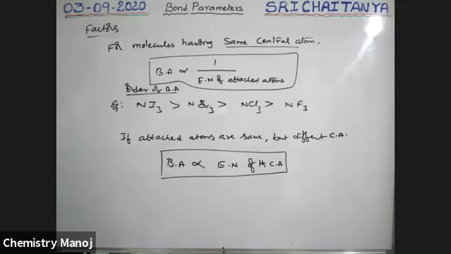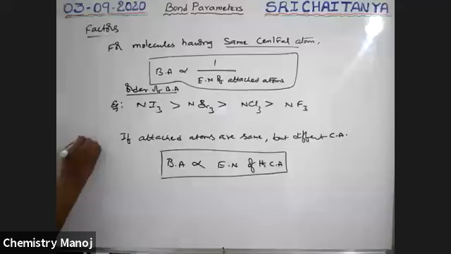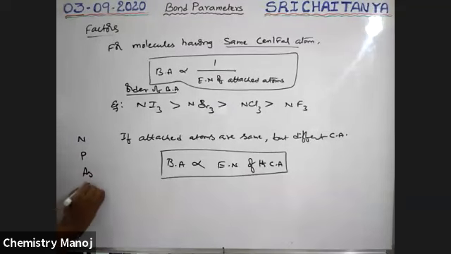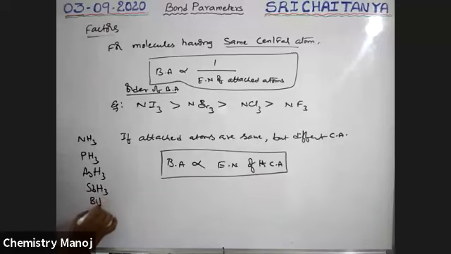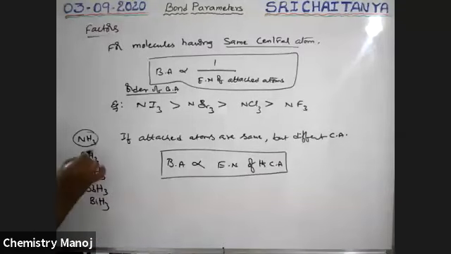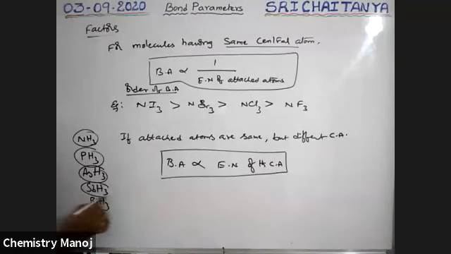See here, I am explaining with 15th group elements. What are those? Nitrogen, phosphorus, arsenic, antimony, bismuth. These are our 15th group elements, boys. Nitrogen attached with hydrogen: NH3, PH3, AsH3, SbH3, BiH3. These are all different molecules with hydrogens.